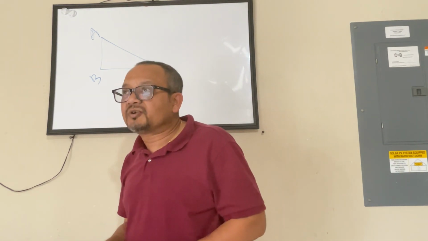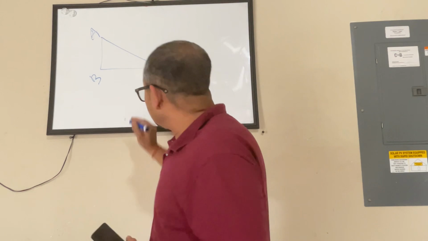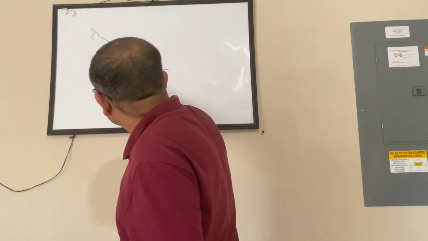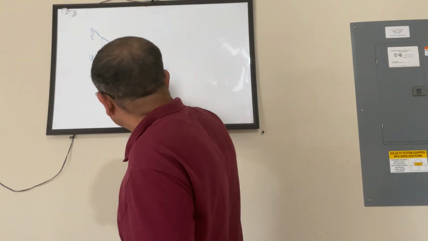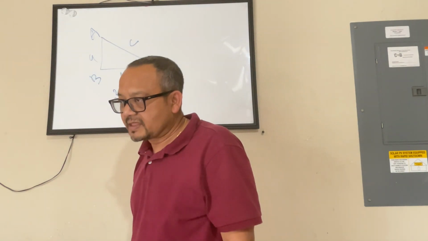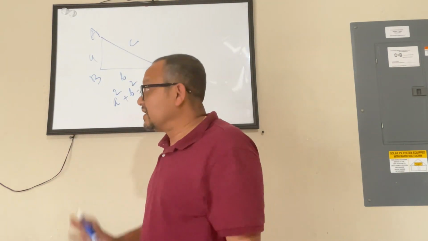I'm not sure if you were there in that class when I explained how the Pythagorean theorem is derived. So basically, you don't have to trust me or memorize this formula. We actually proved that in the previous class, how it is derived.